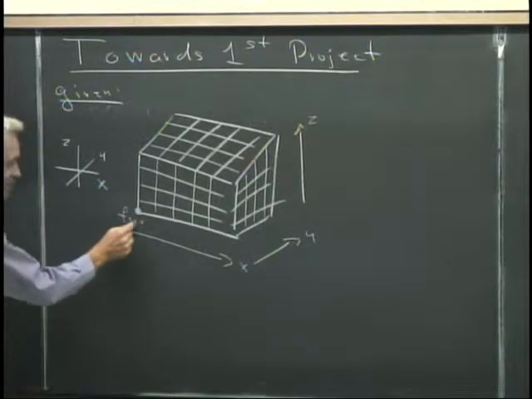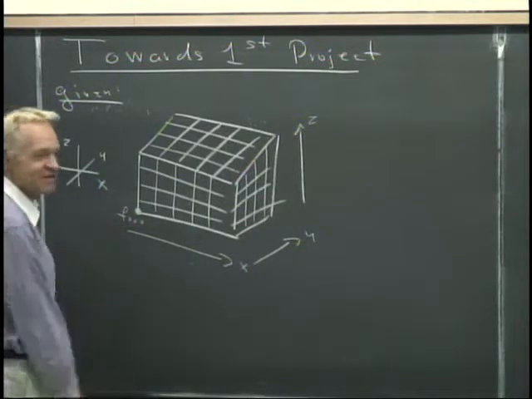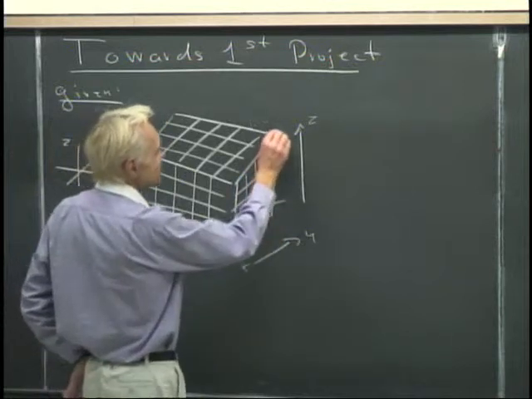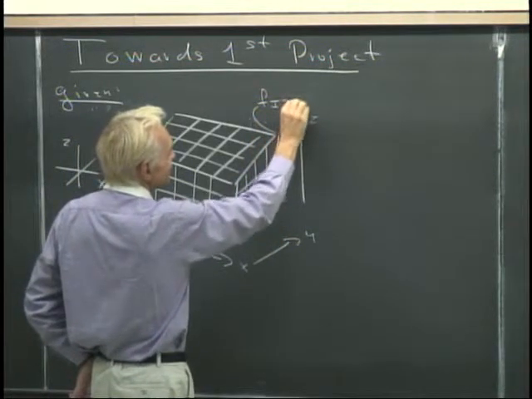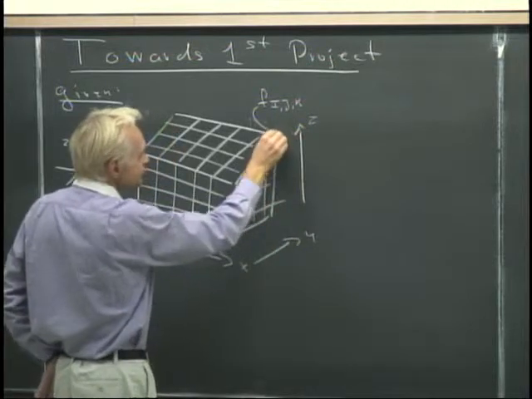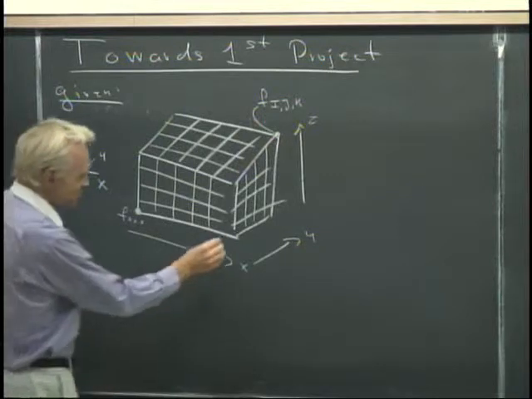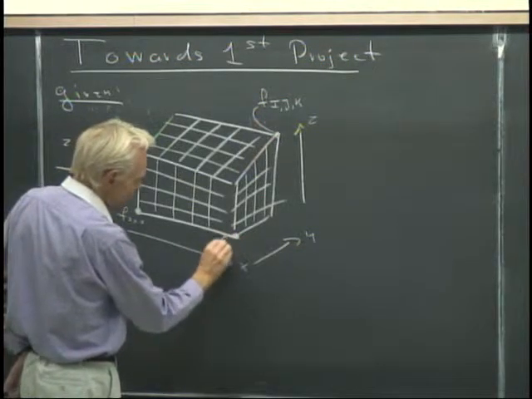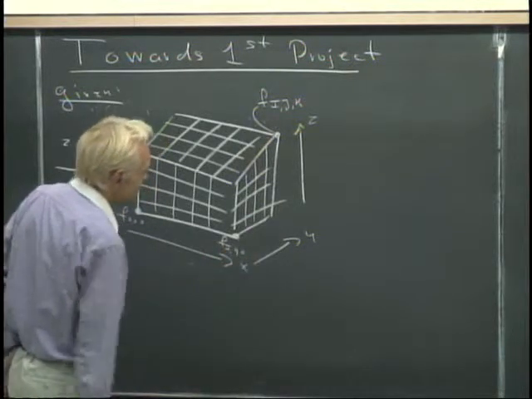Again, sometimes I will put the comma there, sometimes I will not. The context will give it away. In general, I will be lazy and not put the comma there. So the last point will be F_ijk, and all the other points are numbered or indexed accordingly. So this point would be point F_i,0,0.